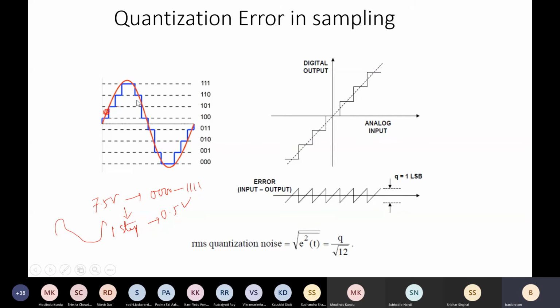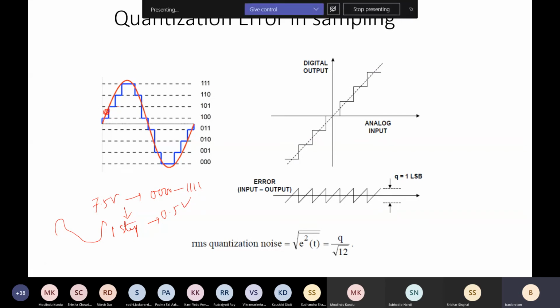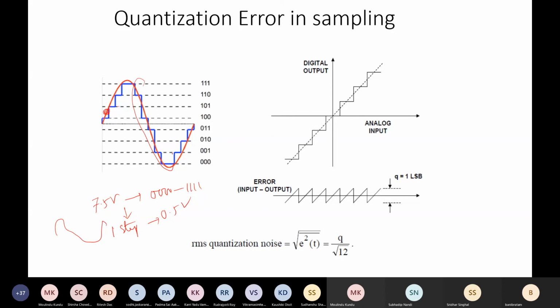Now look at this portion. If I represent it in this form, you can see the middle dotted line corresponds to the original signal, and these staircase steps correspond to the digital one, right? So the error is coming.